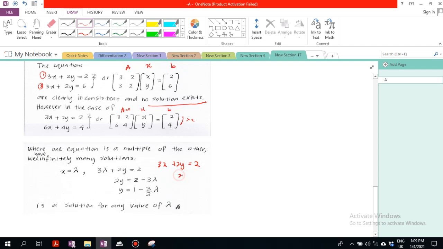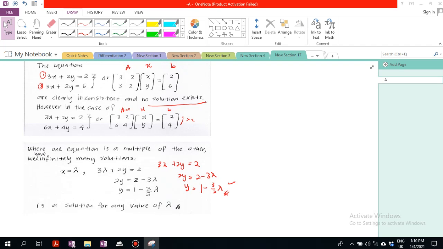So 2y is equal to 2 minus 3 lambda, then y equals 1 minus 3 over 2 lambda. So y has this value in terms of lambda. This is valid if b has the same multiple. So this is case number 3.